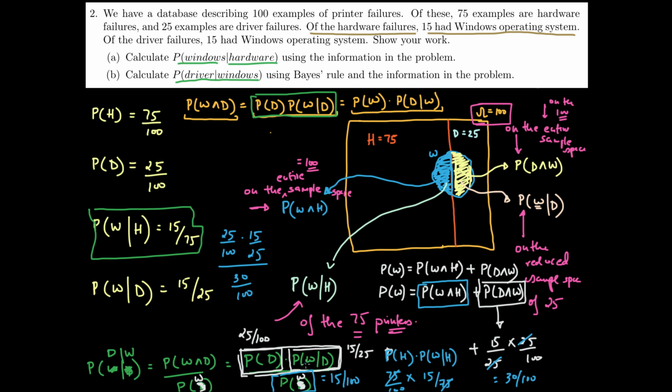So 25 and 25 cancel off. On the numerator I've got 15 over 100, the denominator I've got 30 over 100, and that gives you 1 over 2. So the probability of D given W is actually 1/2.